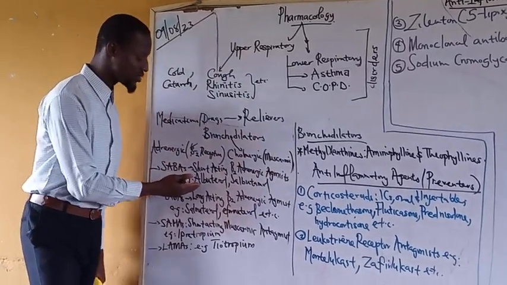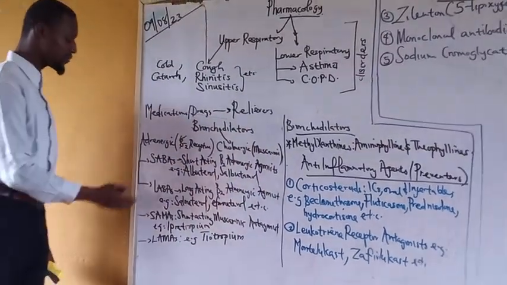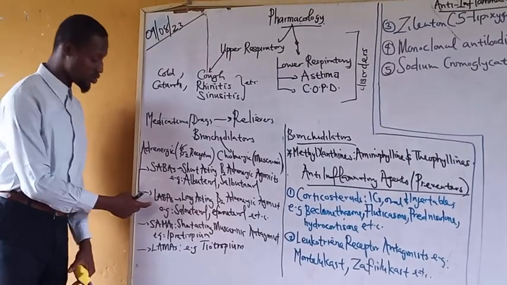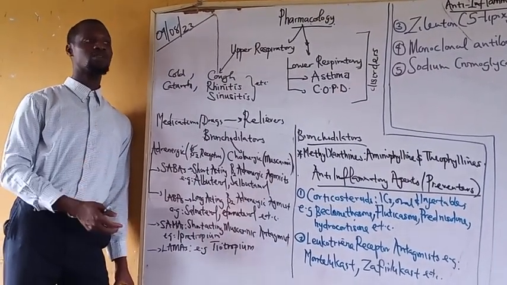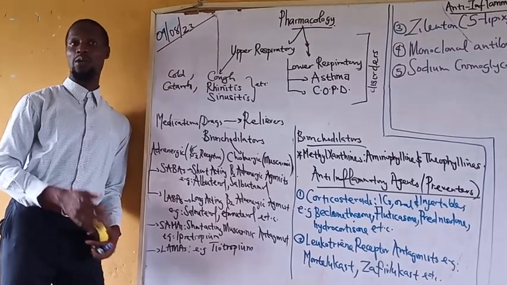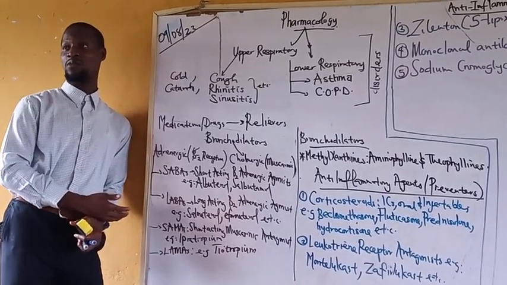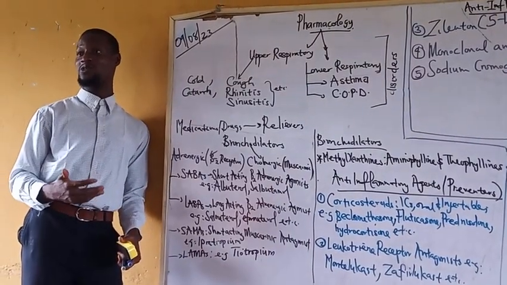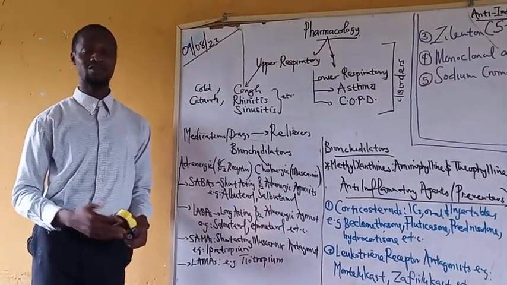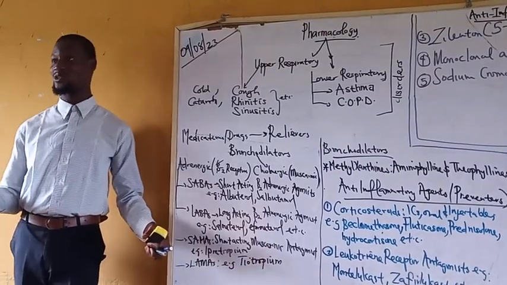So we have this albuterol, we have this salbutamol. Then we have the long-acting beta-2 adrenergic agonists too. From the word long-acting, the onset of action will probably not be 5 minutes, but maybe after about 1 hour before you begin to see the effect. Then the effects can last for up to 8 to 10 hours.